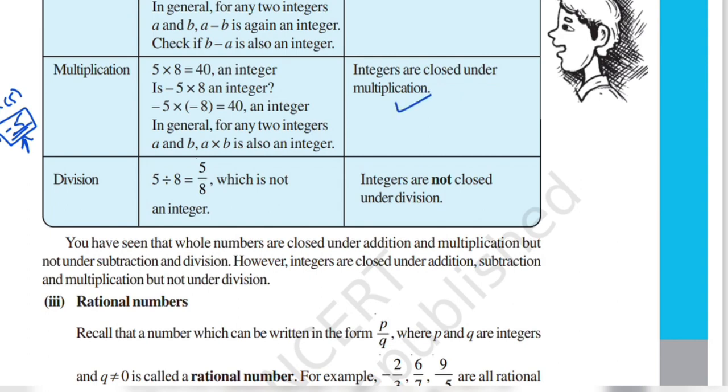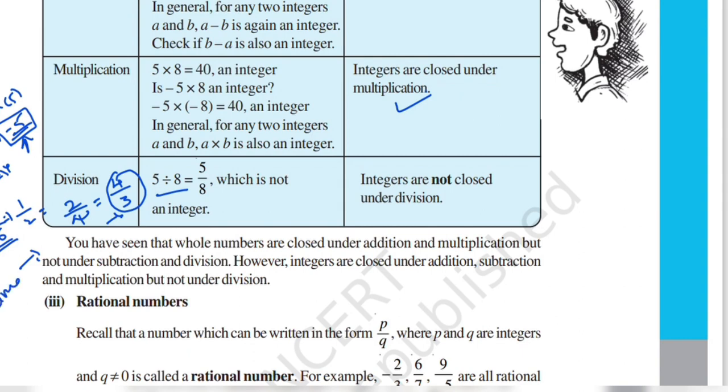But now what about division? Let's take another example, like 5 divided by 6. When you divide these two numbers, or you take 1 by 2, or 2 by 4, or 4 by 3, whenever you take these types of numbers, the result will always be in the form of a decimal.